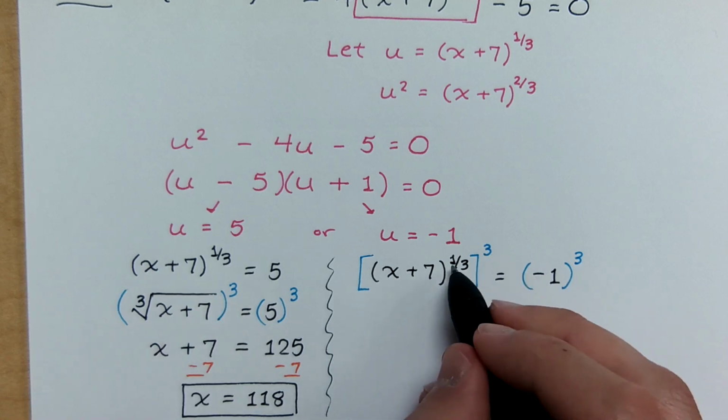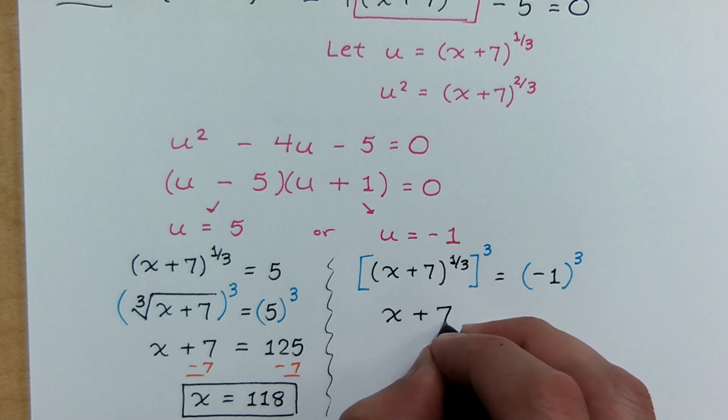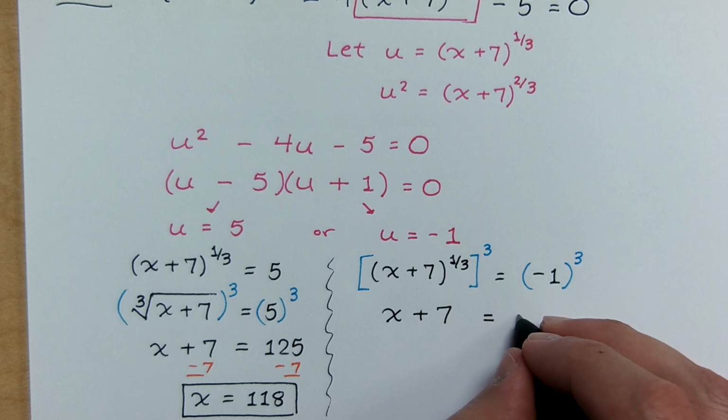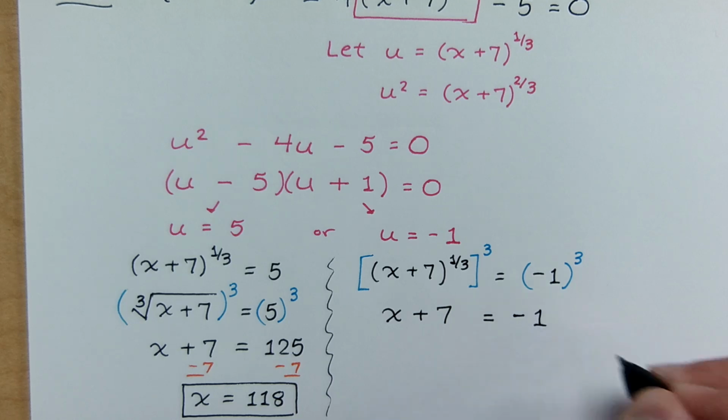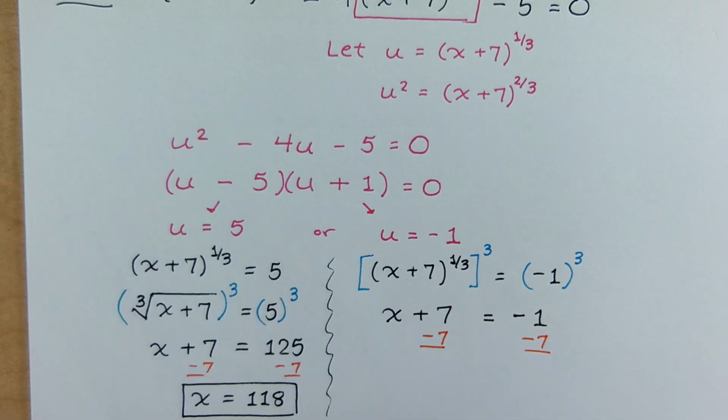So when I raise something to a power and then to its reciprocal power, I just get the base left over, x plus 7, and negative 1 to the third is what? Negative 1, right? You're not multiplying times 3, you're doing negative 1 times negative 1 times negative 1. And you finish solving for x by taking the same step you did on the left. You subtract 7. So all told, x is equal to negative 8.